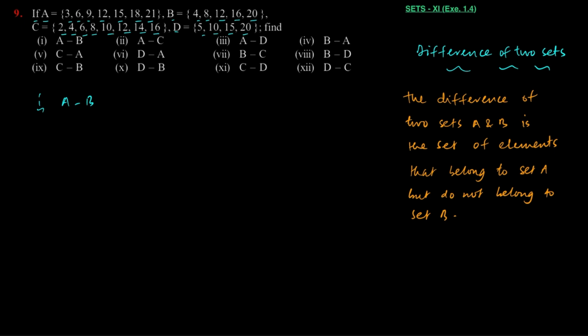The difference of two sets A and B is the set of elements that belong to set A and do not belong to set B.